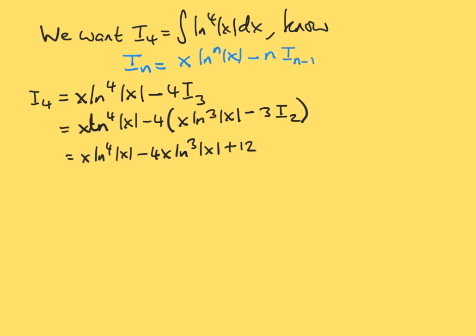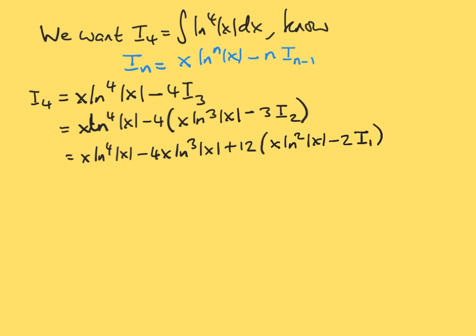Now I could either write I2 here and go on to the next line, or I could, which is what I'm going to do, open a bracket and just write out the equation for I2 immediately. And I2 is given by this with n equal to 2. So it is x times log squared of x minus 2 I1.